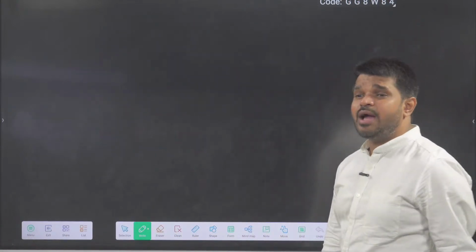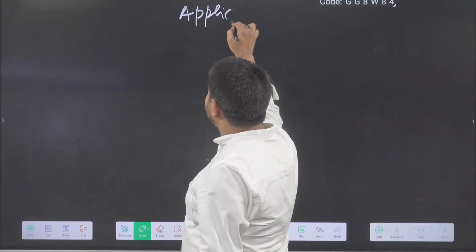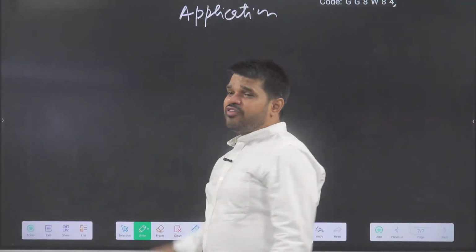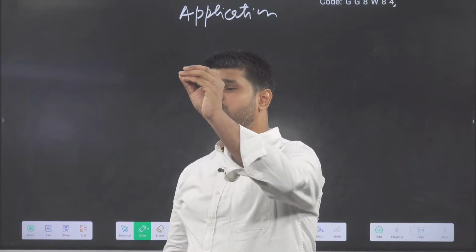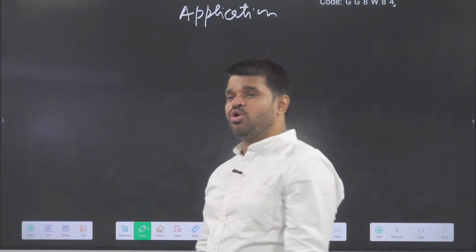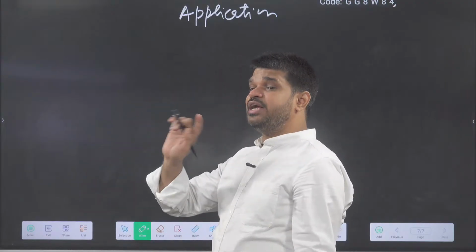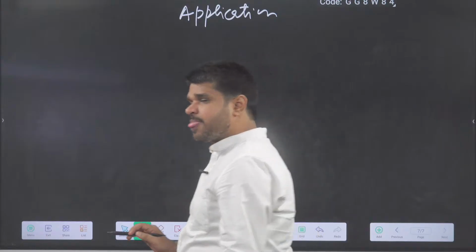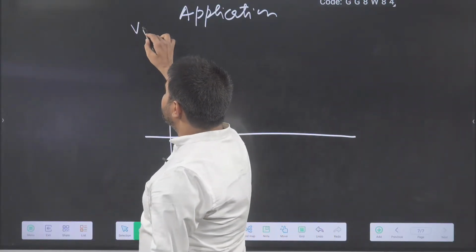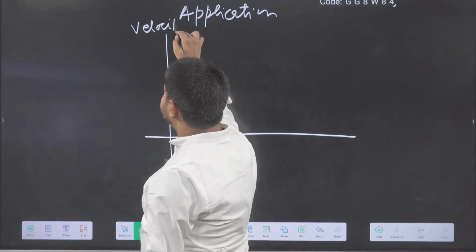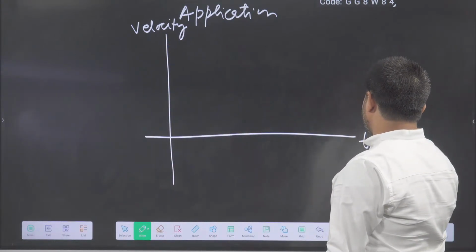Now we'll discuss application parts. First I will give you one question to do directly. If you are successful, then it's okay. If you are not, I will tell you what to do. Last lecture I taught the concept of this. There is a graph between velocity and time. Here we have velocity and here we have time.